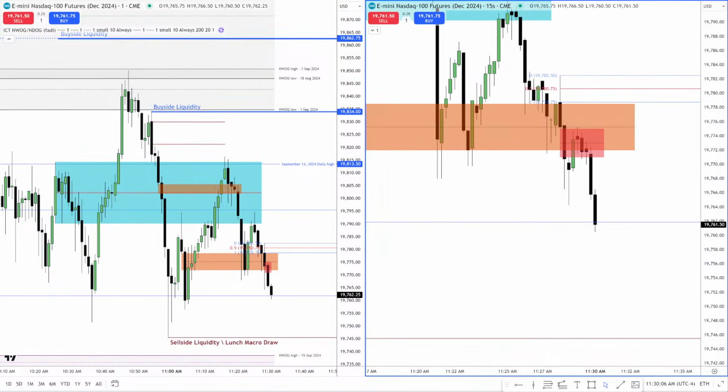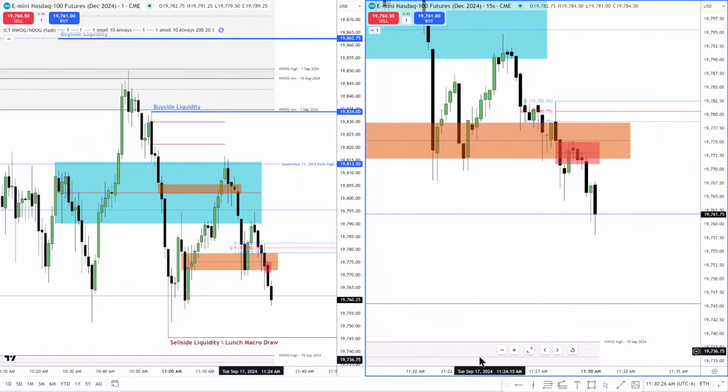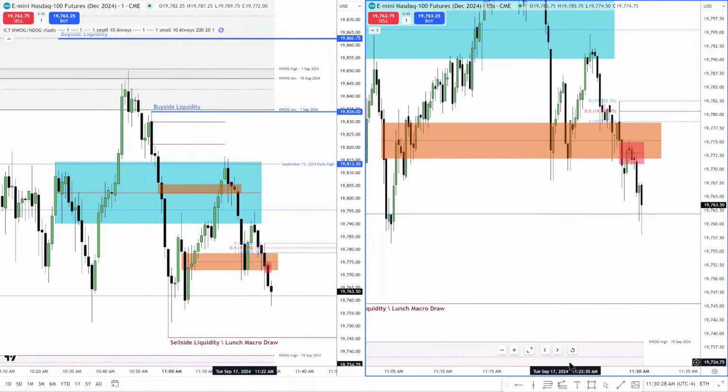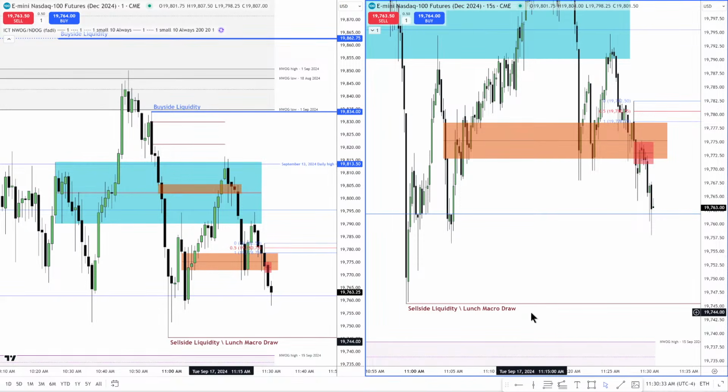Take a partial there. Not as sexy as it is when you see the executions, but it's okay. I'll work with it with y'all.